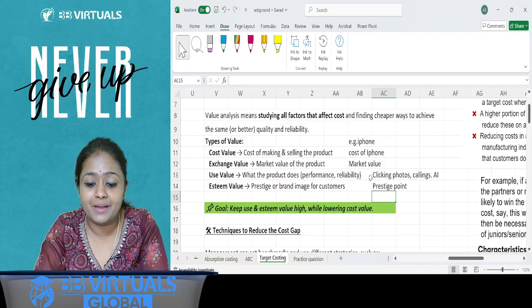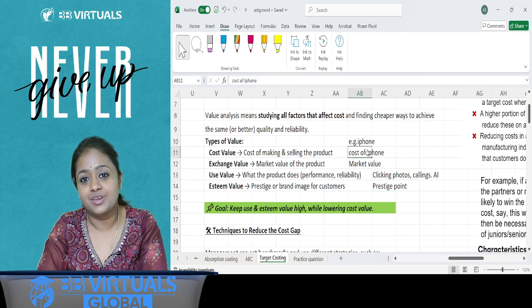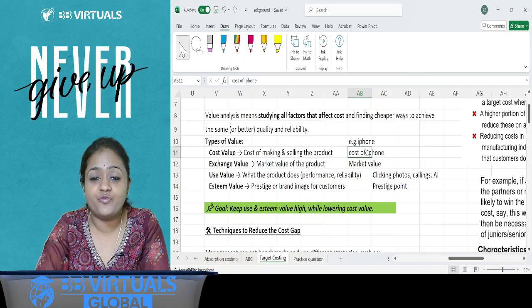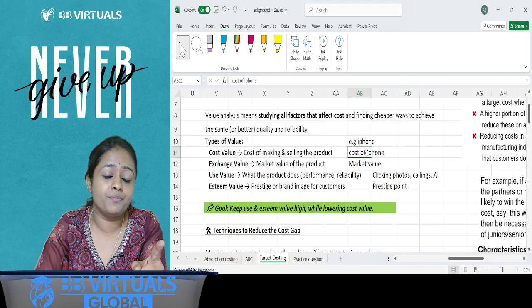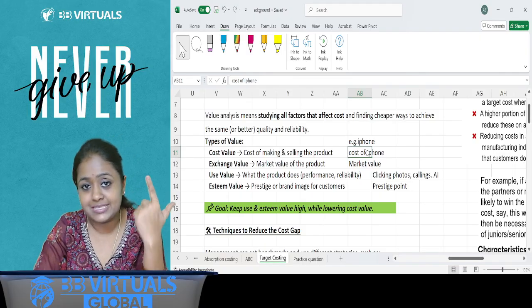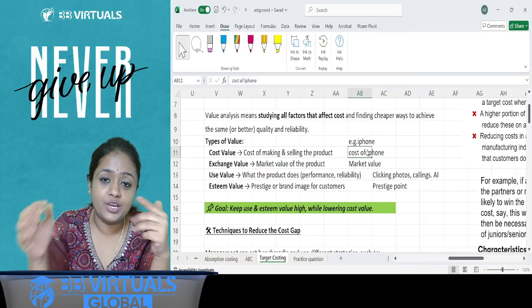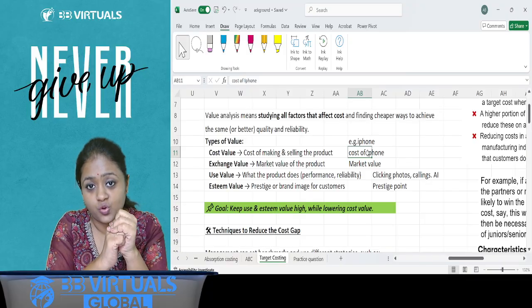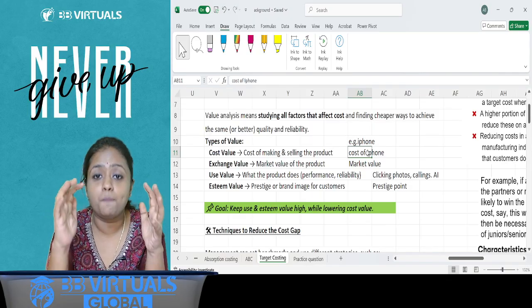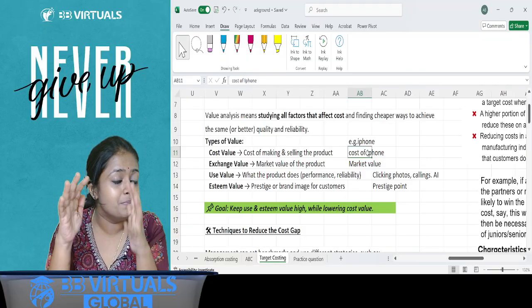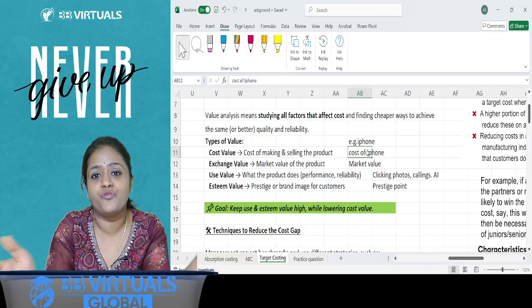What can be compromised is only the cost. So when iPhone is being manufactured, the company can afford to compromise only on the cost without compromising on use value or esteem value, because market value will move with regard to cost only, right? And since Apple has a monopoly in that segment, market value will not be much of an effect.